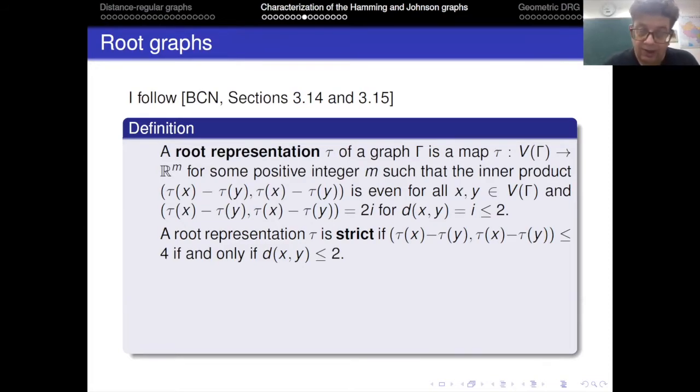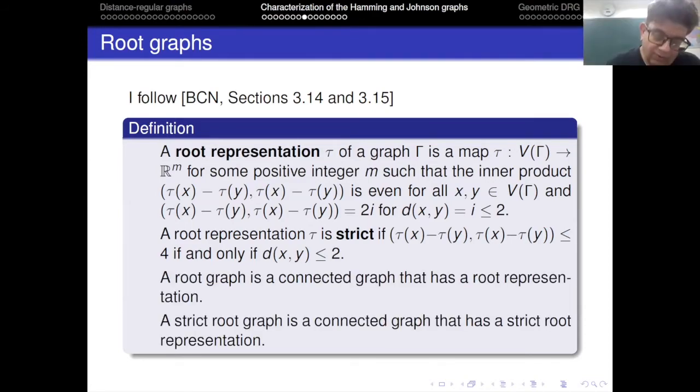And it is strict if the inner product is at most 4 if and only if the distance is at most 2.